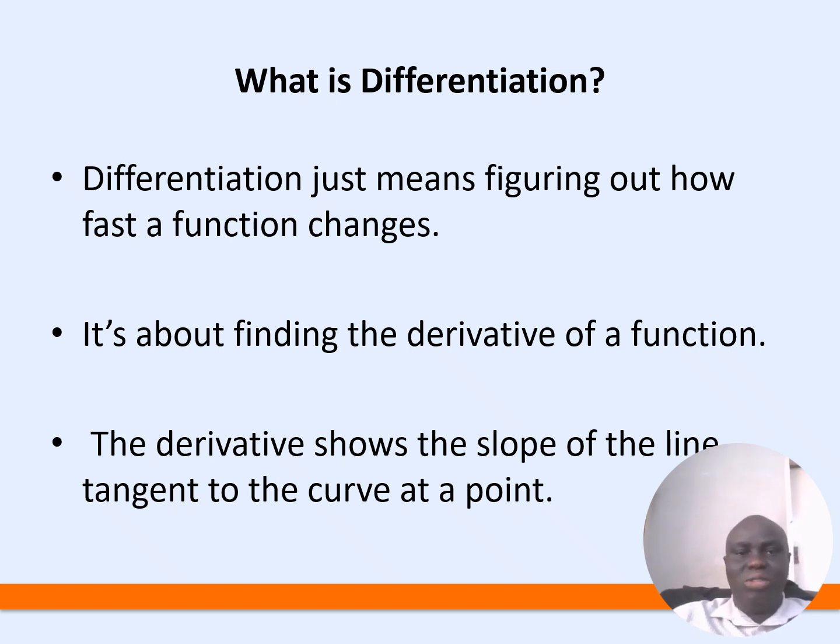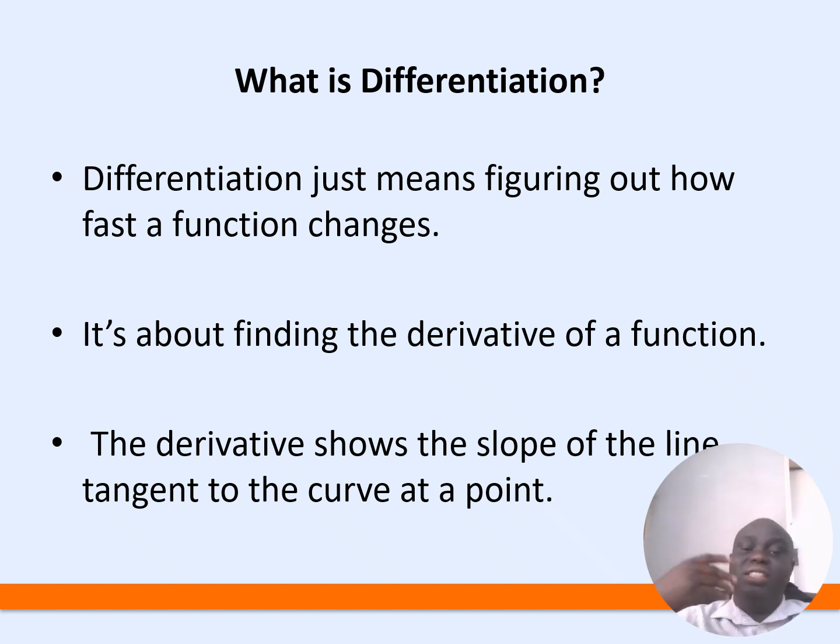So let's quickly talk about differentiation as a topic. Differentiation just means figuring out how fast a function changes. How the function is changing is what we call differentiation. It is about finding the derivative of a function. Example, when you are asked to find the derivative of 2x, the answer is 2.